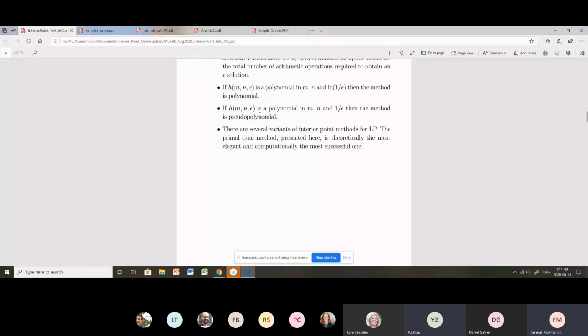If this upper bound is a polynomial in m, n, and 1 over epsilon as opposed to ln of 1 over epsilon, then it's called pseudo-polynomial.